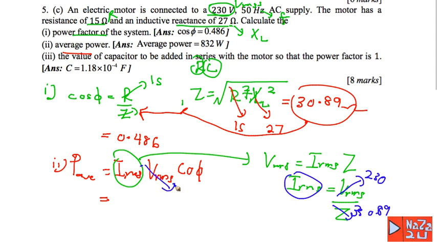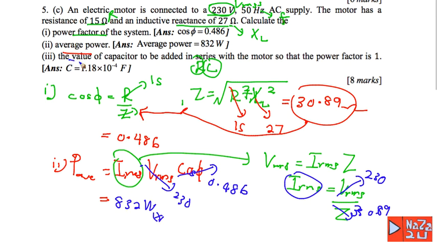V RMS comes from the question, 230, and the power factor cosine is equal to 0.486. So the final answer, average power, is equal to 832 watt.